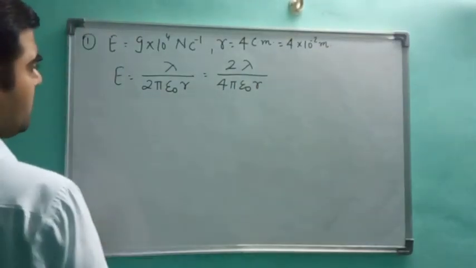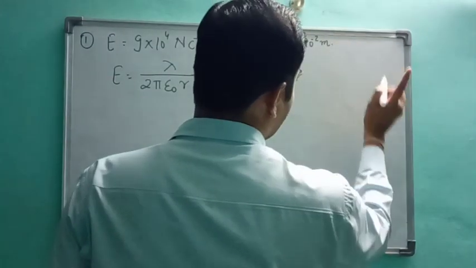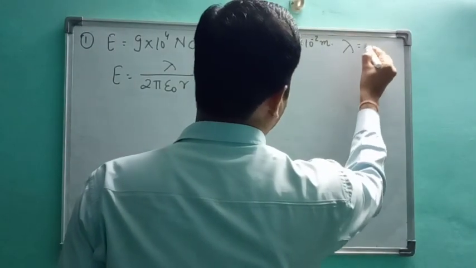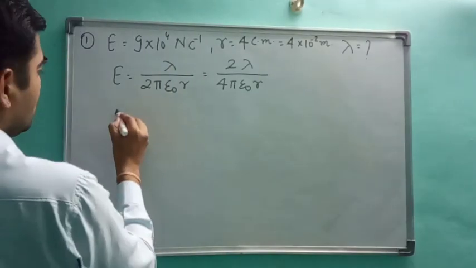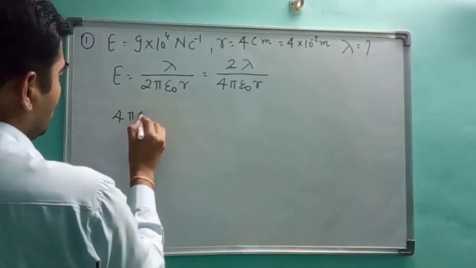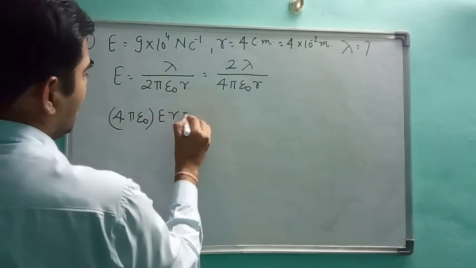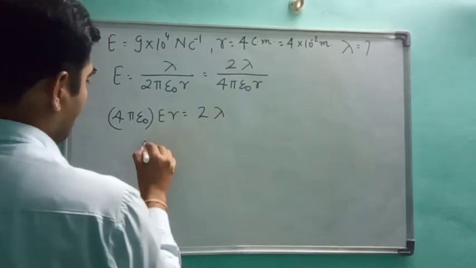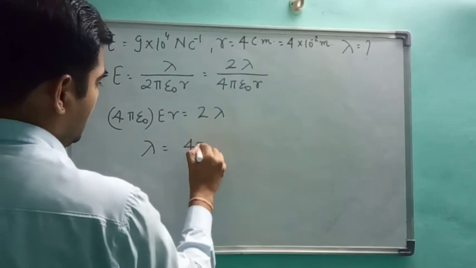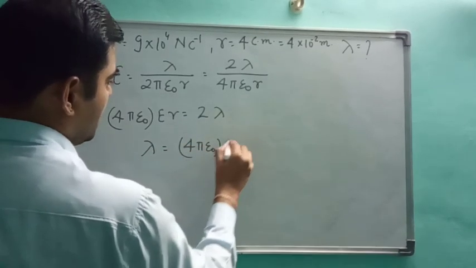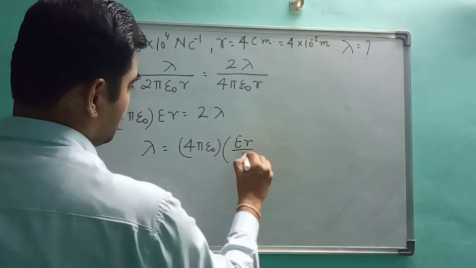So cross multiply. Now find out the linear charge density, it means find out lambda. So E naught E r upon 2 lambda. Now lambda is equal to E naught E r by 2.